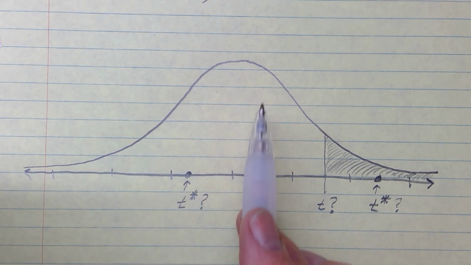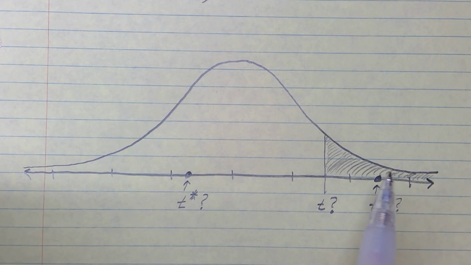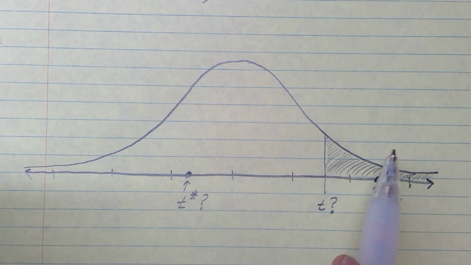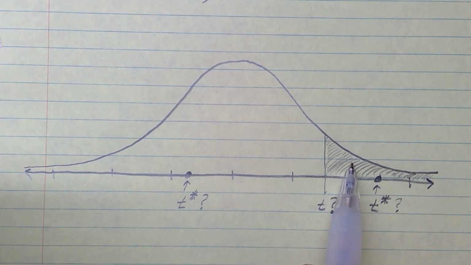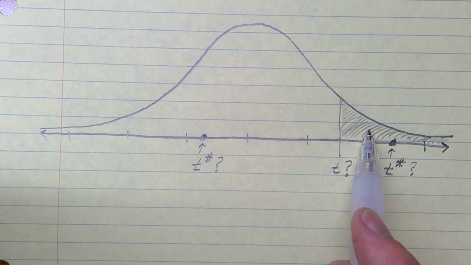Now remember what we're doing. We're going to construct a curve, and I'm going to shade in the area where I can reject the null hypothesis. This is called the rejection region, rejection area, or critical region. That's where that name comes from. I'm going to shade in the critical region where I'm able to reject the advertised claim or the accepted belief, the null hypothesis.